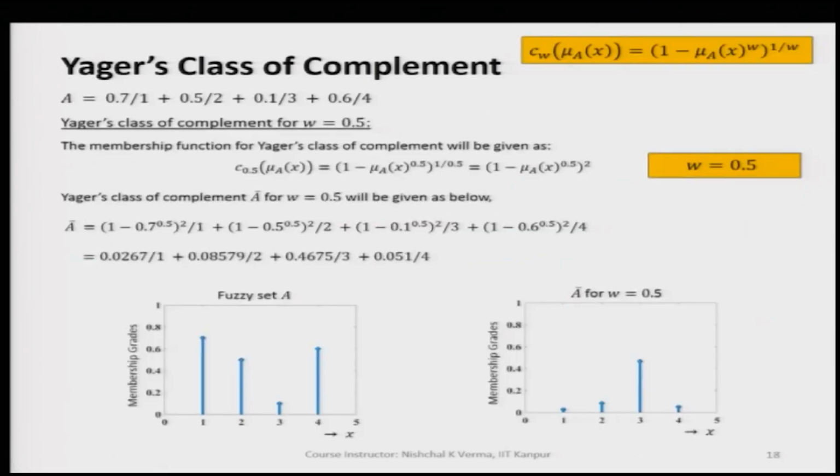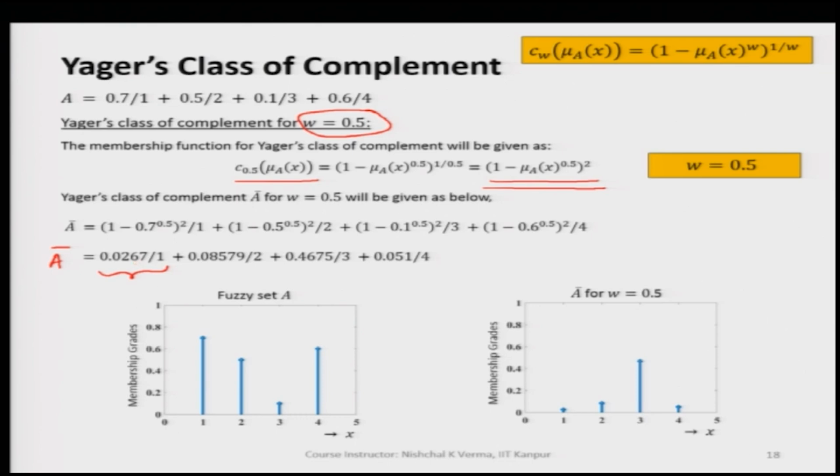So, let us now apply this formula for W equal to 0.5, which is here, and when we apply this, we get C_0.5 equal to (1 minus mu_A(x) raised to power 0.5) whole raised to power 2, which is here. And when we compute this finally, we get this value, which is mentioned here, that is 0.0267.